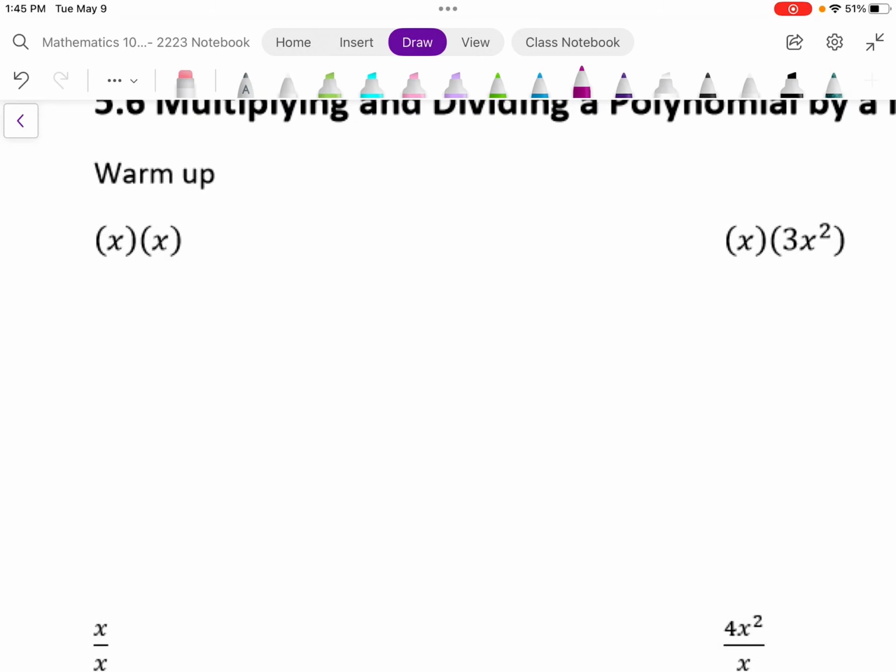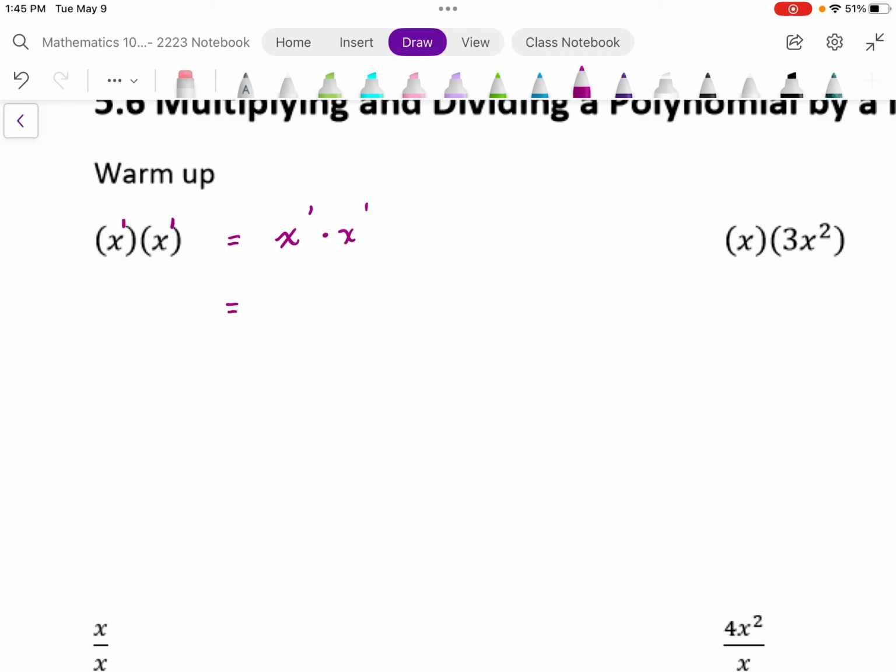This is really good. So in this first term, x, both x's are raised to the exponent 1. Now, let's recall what the definition of an exponent is. It's simply implying repeated multiplication. So x times x is really x to the power of 1 times x to the power of 1.